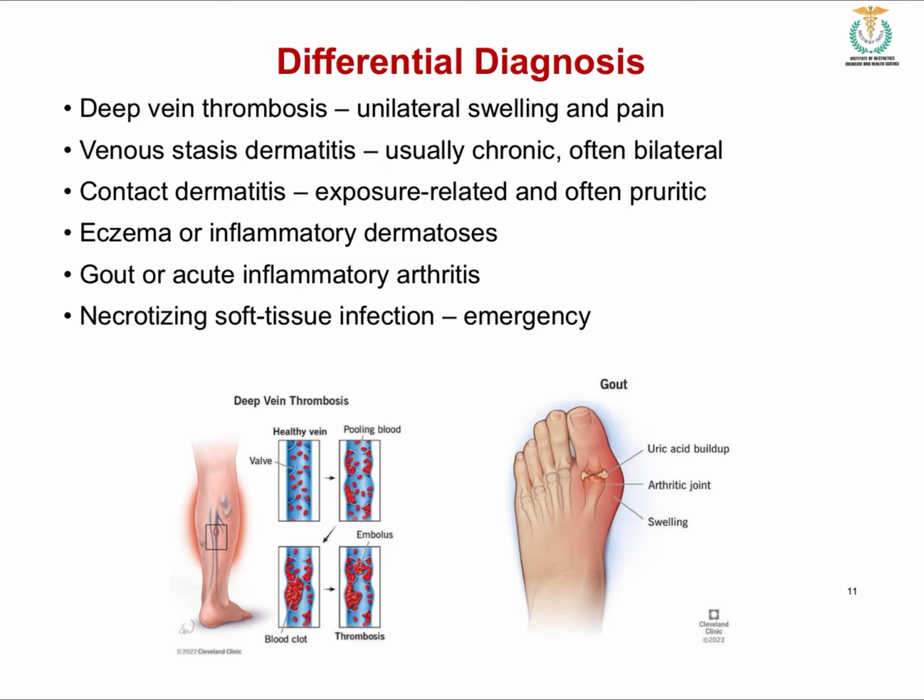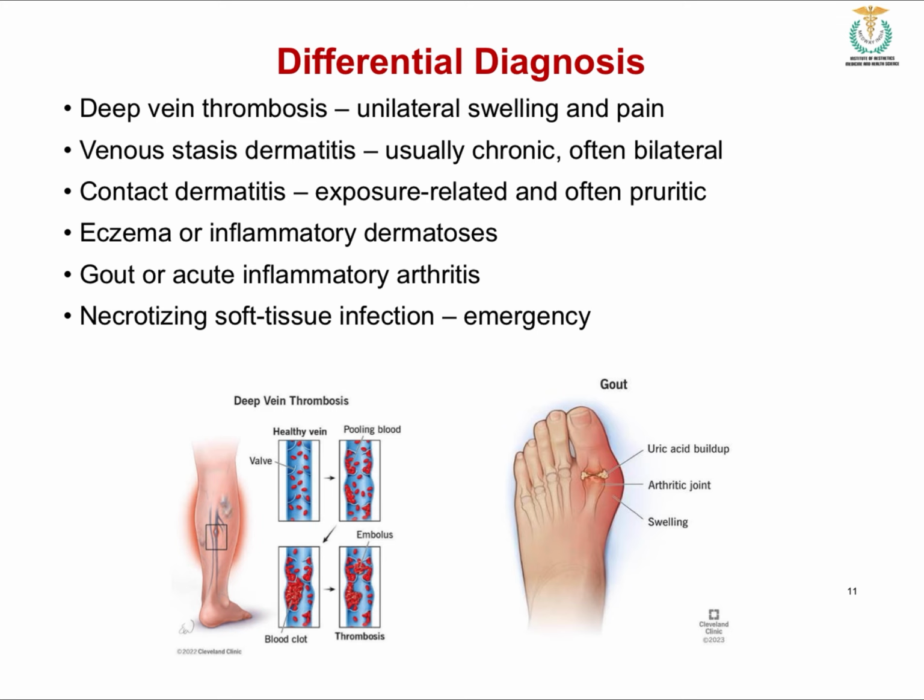It is usually chronic and may affect both legs. Next is contact dermatitis, which can also produce redness and itching, particularly if the patient has been exposed to a particular product. And eczema and other inflammatory skin diseases can look similar.